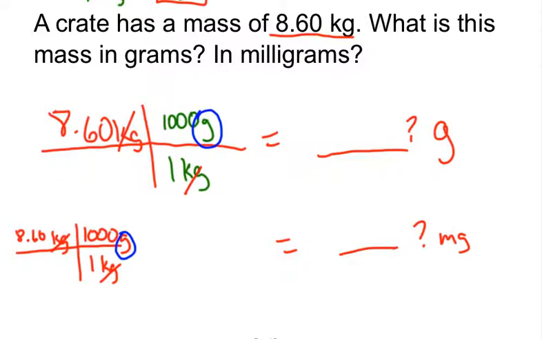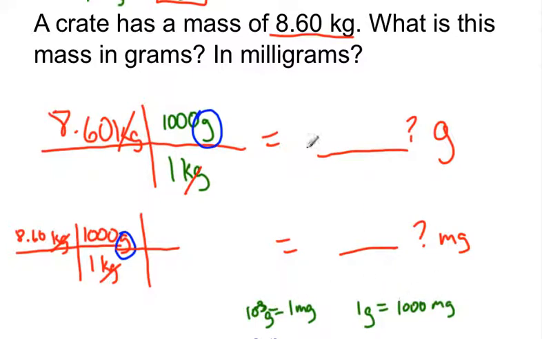We want to go to milligrams now. So if you look up on the internet or in your book, 1 gram is equal to 1,000 milligrams. Or I could say 10 to the negative third grams, that's a negative 3, is equal to 1 milligram. You could use either or.